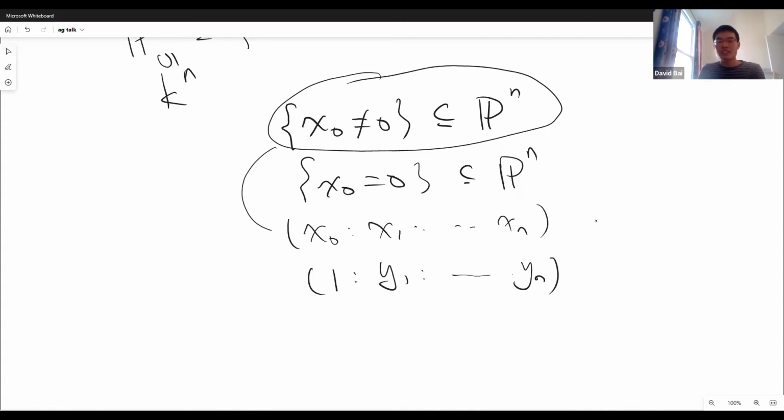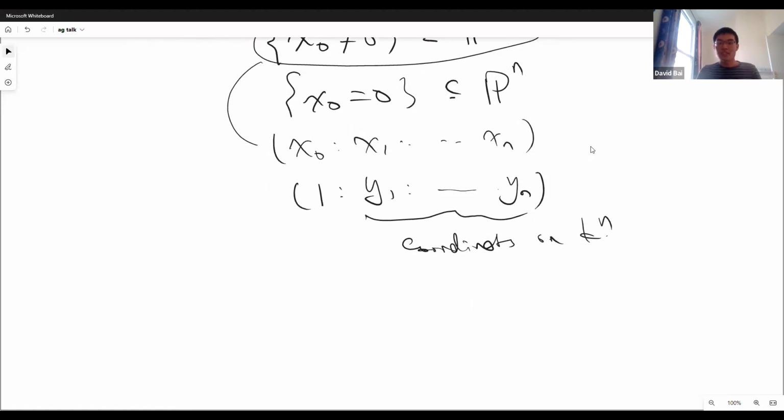So every point in this set has a unique representation where the first entry is 1. But these are just the coordinates on Kn, right? So x0 not equal to 0 can be identified with Kn. So x0 equal to 0 is naturally what we have for the infinity points.